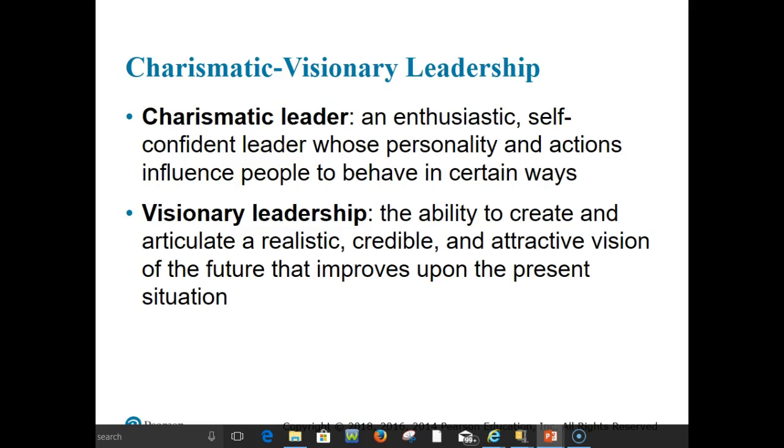So again, a charismatic leader is an enthusiastic, self-confident leader whose personality and actions influence people to behave in certain ways. Visionary leadership is the ability to create and articulate a realistic, credible, and attractive vision of the future that improves upon the present situation.